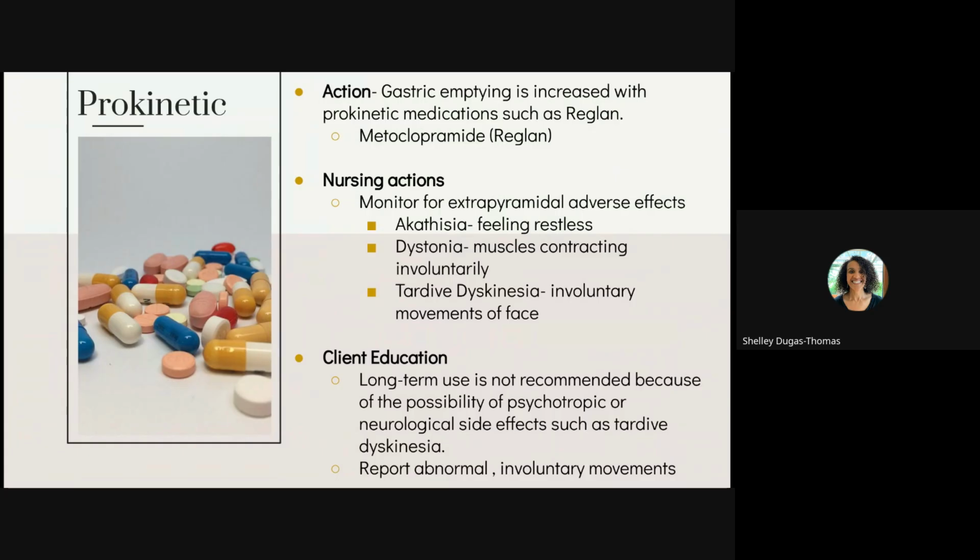You'll see some of that with some of the SSRIs as well. Client education includes avoiding long-term use due to the risk of neurological or psychotropic side effects, and reporting any abnormal or involuntary movements immediately.